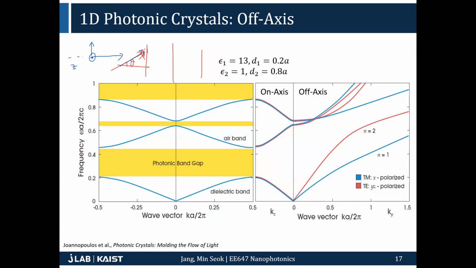But when the angle of incidence is non-zero, you should take care whether your electric field is along this direction or that direction. These two are different in this case. So now you start to have different responses for TM and TE polarization. And I'm not sure what n equals 1 and n equals 2 are in this case. I guess this is just TM and TE.